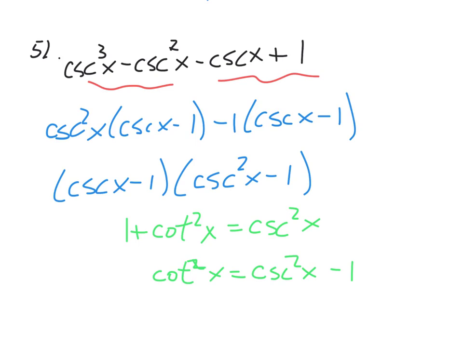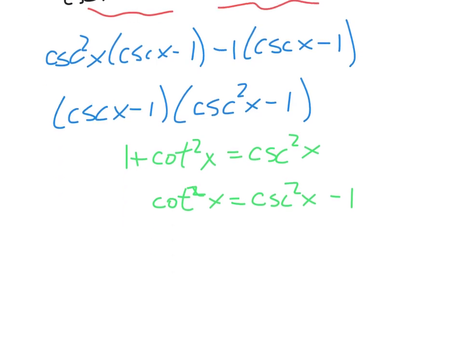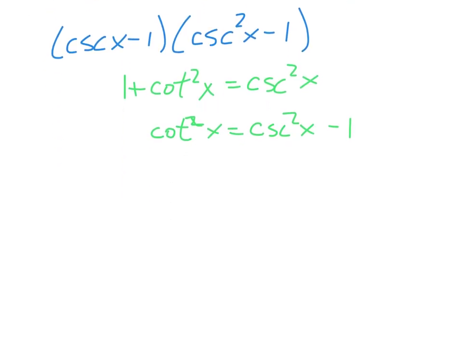And so then we can substitute that in right here. So then we would have cosecant of x minus 1 times cotangent squared of x.